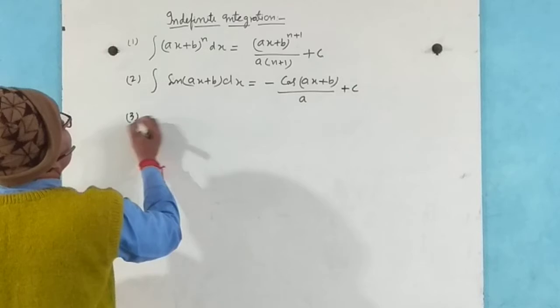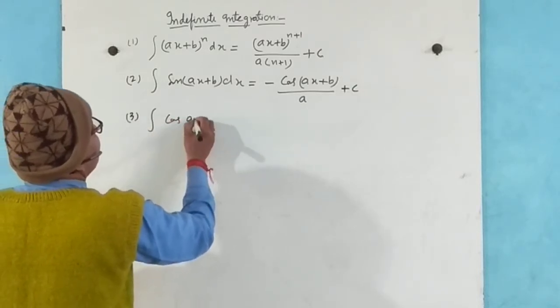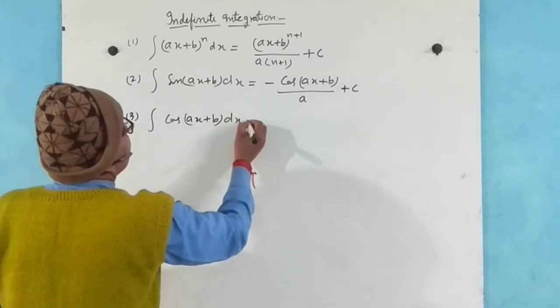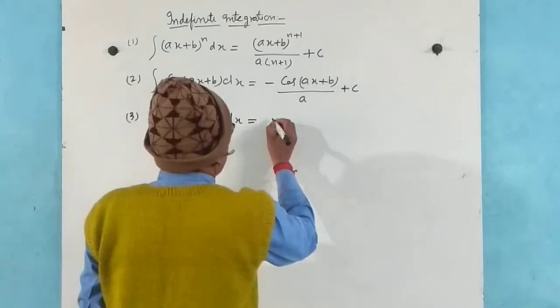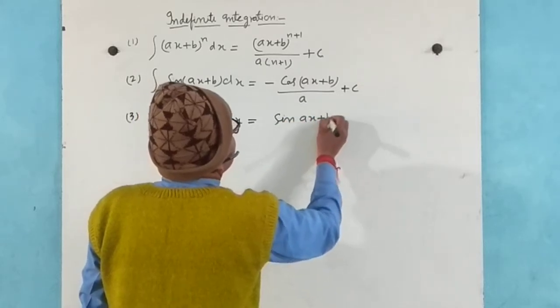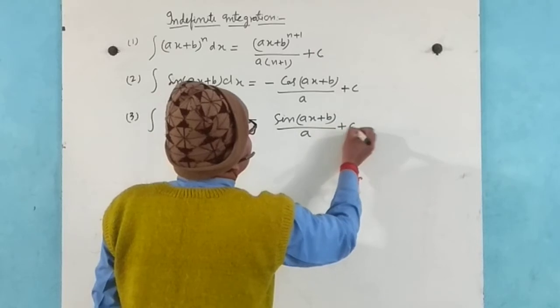Third: integration of cos(ax plus b) dx equals sin(ax plus b) divided by a, plus c.